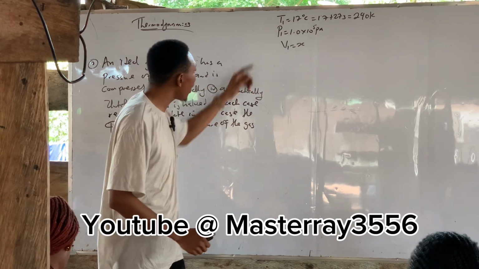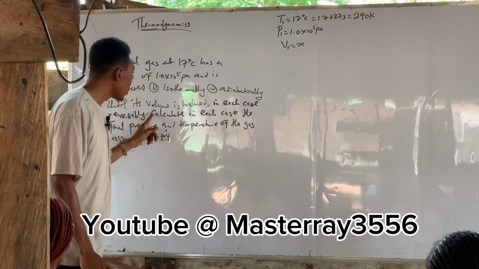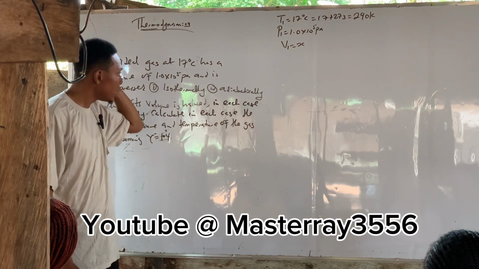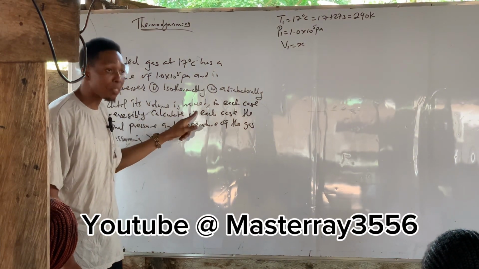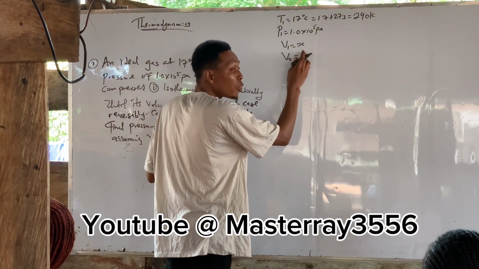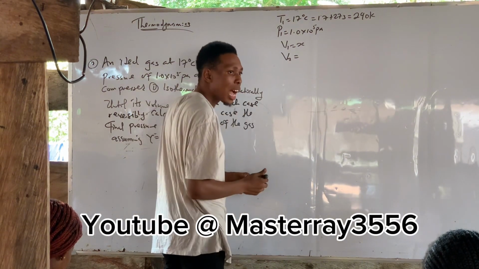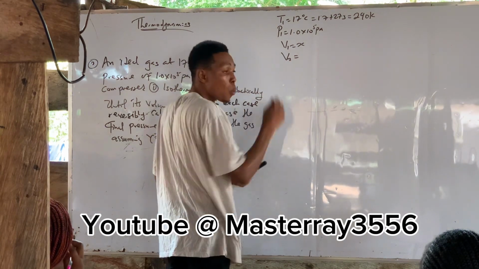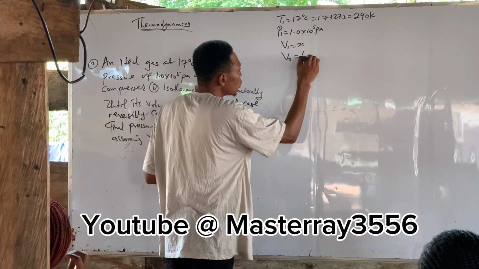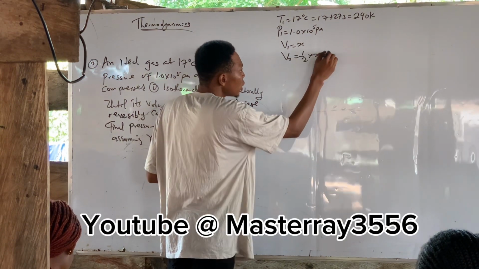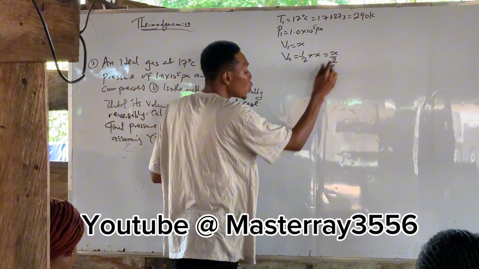So they say the volume now was half of the original volume. To get our V2, that is half of V1, which is 1/2 times X, so X over 2.